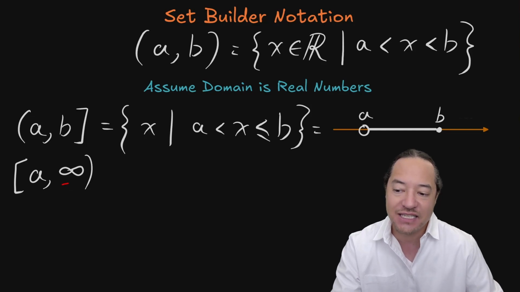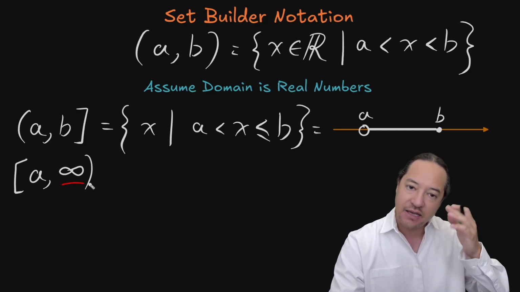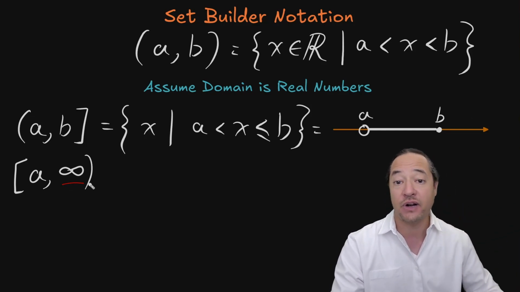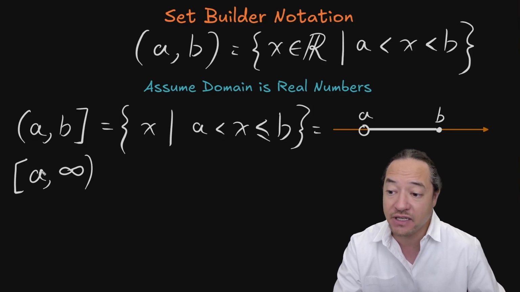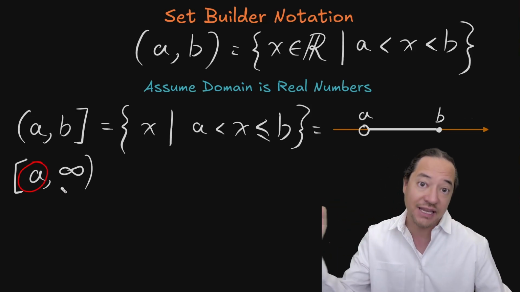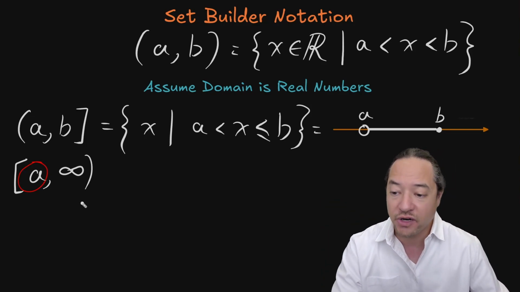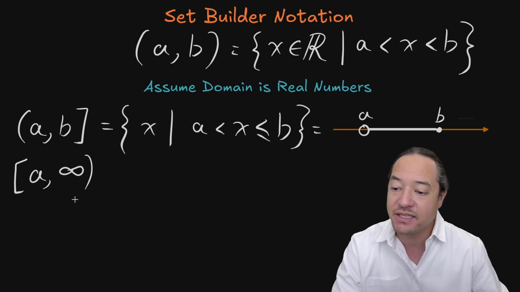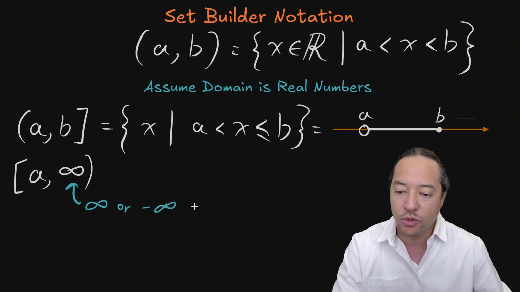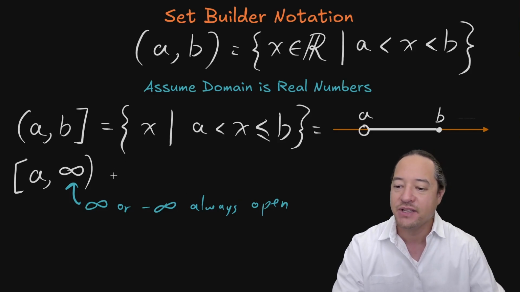Instead, this symbol represents the idea that you keep going to the right forever. You could also use negative infinity, maybe on this side, to represent going to the left on the real number line forever. So it's an important idea here that when we use infinity or negative infinity, we're always going to be representing this as an open interval. Okay, so that's the idea here.